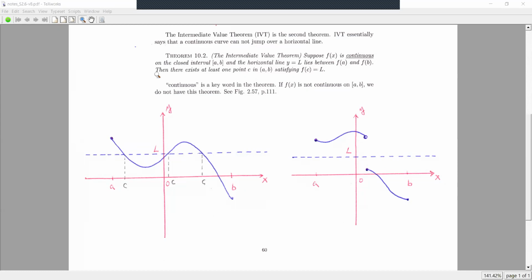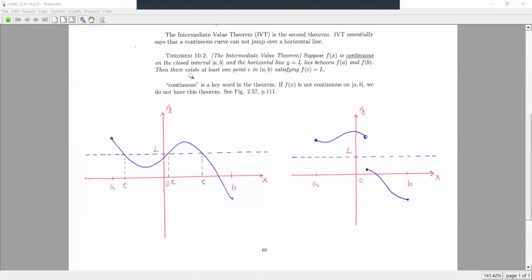Then, conclusion. There exists at least one point c in the open interval (a, b). Open interval doesn't include the two endpoints. So c is in this open interval. That means that c is between a and b.